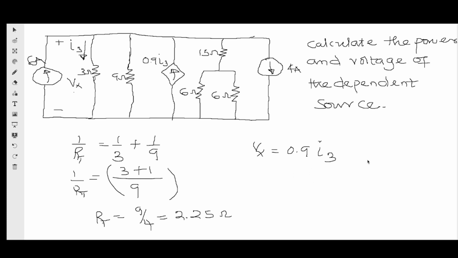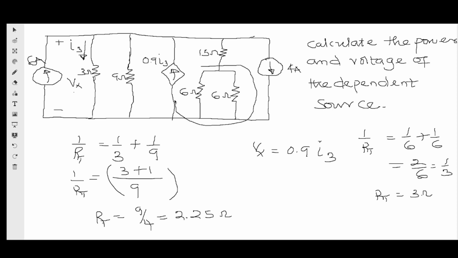Okay, 6 ohm and 6 ohm will give me 1 over RT equals 1 over 6 plus 1 over 6, giving what? 2 over 6, which is the same thing as 1 over 3. And therefore RT will be equal to what? 3 ohms. So the total combination of this is 3 ohms.